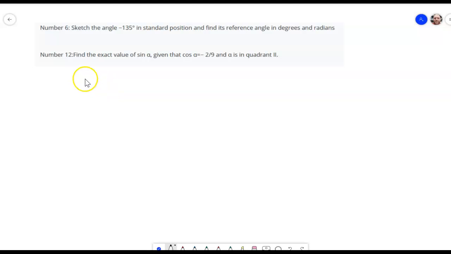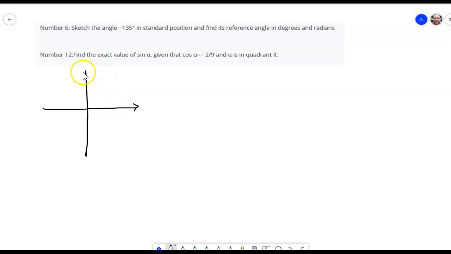I'm just going to do a rough graph, and I think it gave you choices in there, so we really just need to know what quadrant it's in. For positive angles, we always start at the positive x-axis and go around this way.